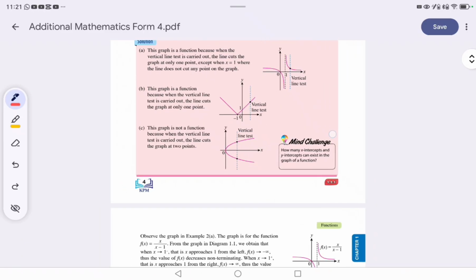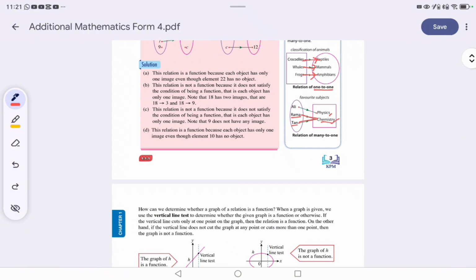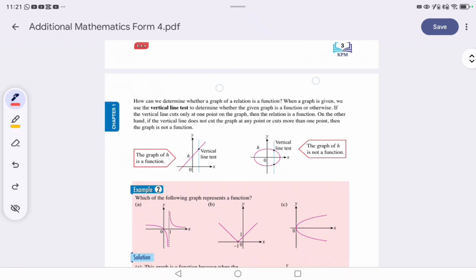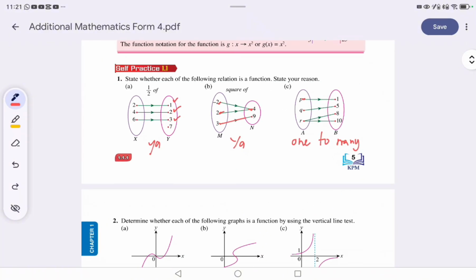But your function is supposed to be 1 to 1 or many to 1, not 1 to many. Consider this one is not a function. So, no. Bukan. This one is not a function.